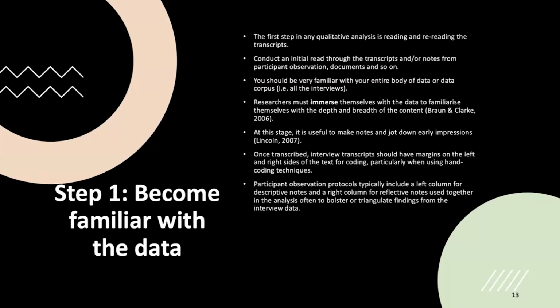Participant observation protocols typically include a left column for descriptive notes and a right column for reflective notes used together in the analysis. This is often to bolster or triangulate findings from the interview guide. So this is mainly about making notes as you go through all the transcripts of your data.